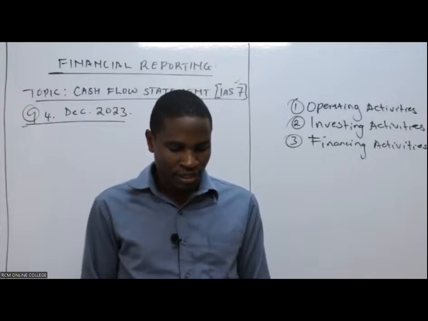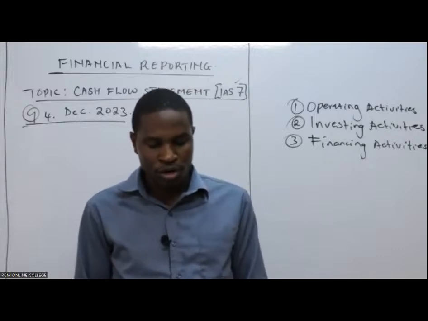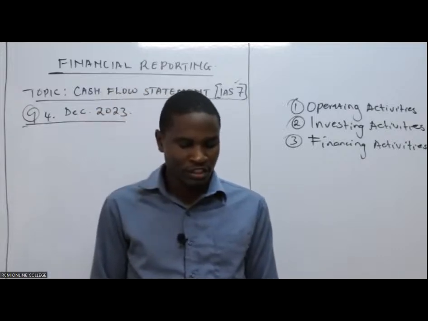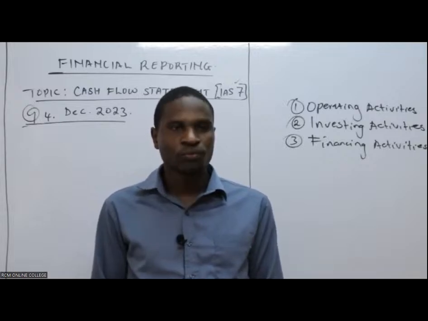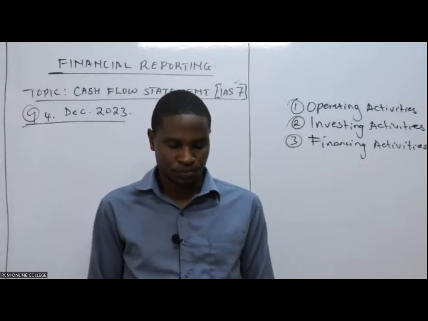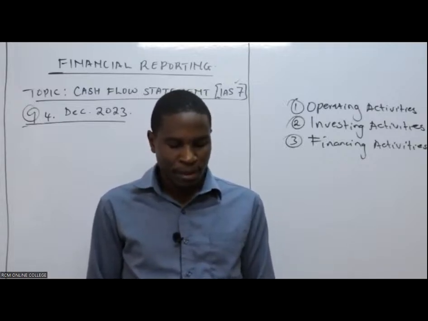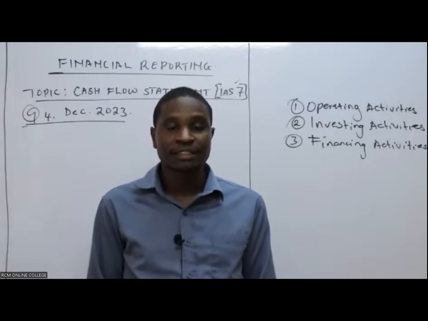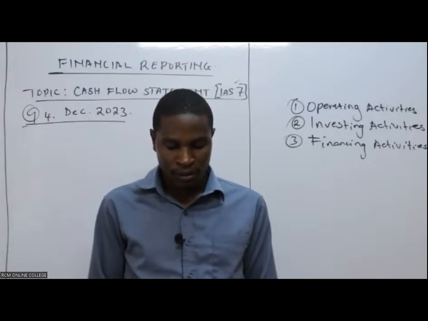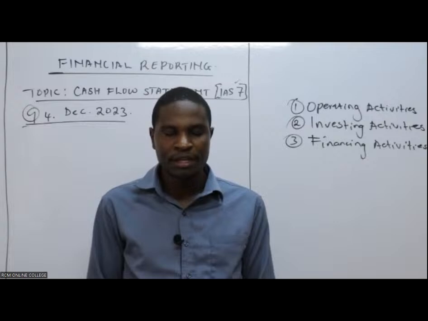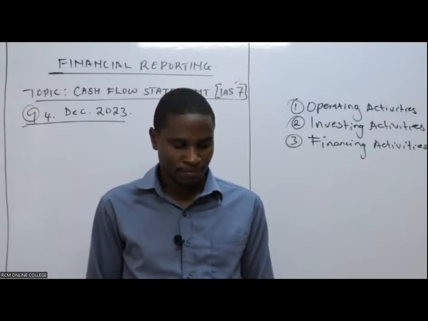During the year ended 31st October 2023, Bundo Limited acquired some patent rights at a cost of 5 million. Any amortization of intangible assets has been included in administrative expenses.